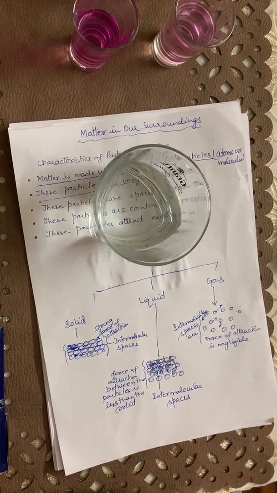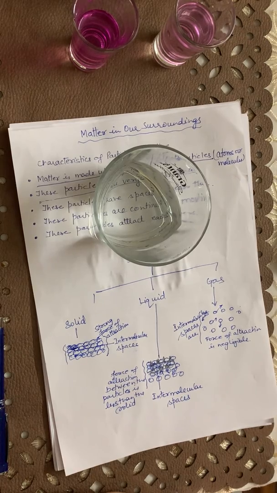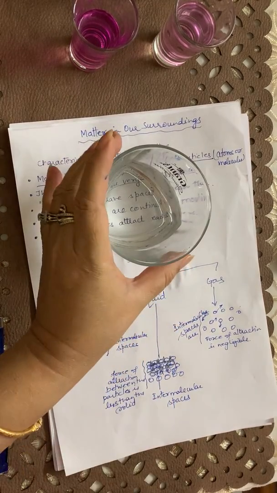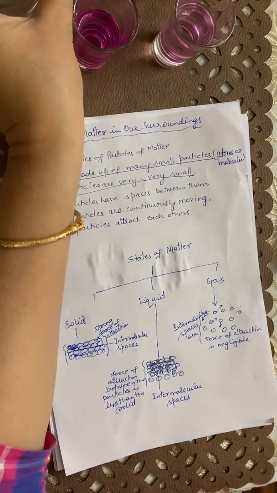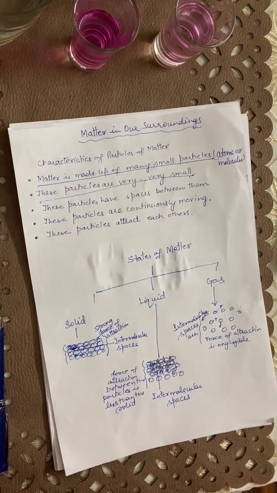In which of these substances do you think the particles are held together with a greater force? The activities which I performed today explain the characteristics of the particles of matter.